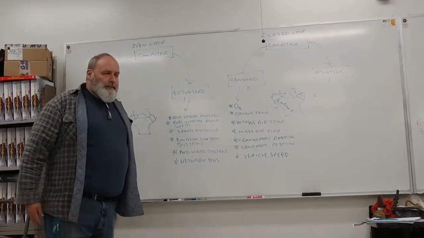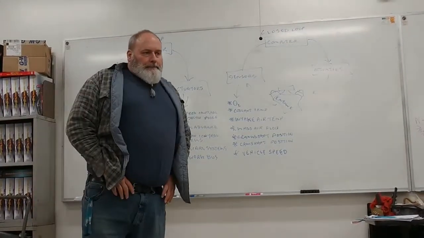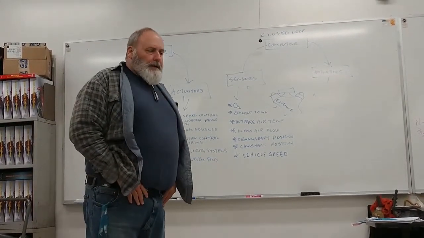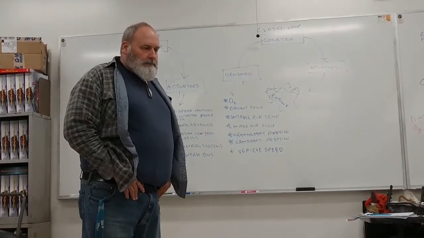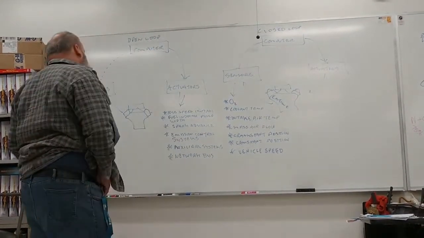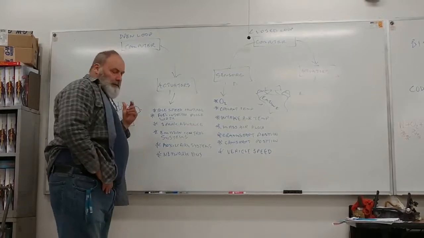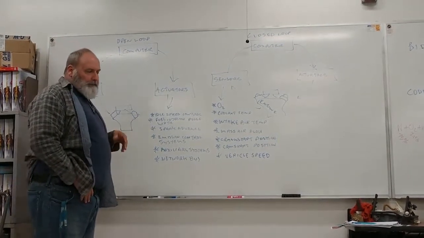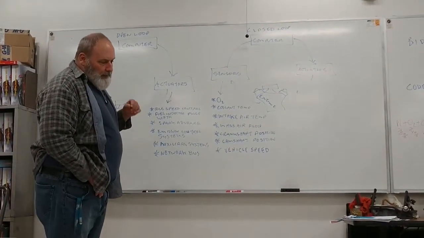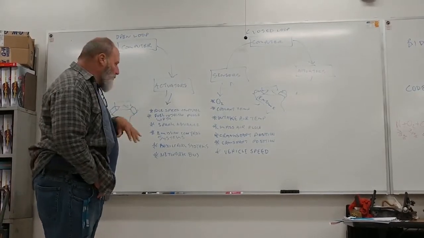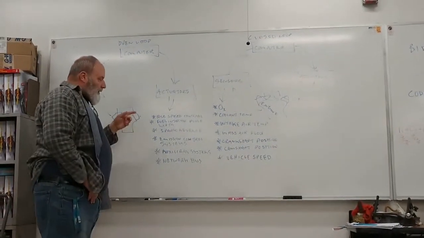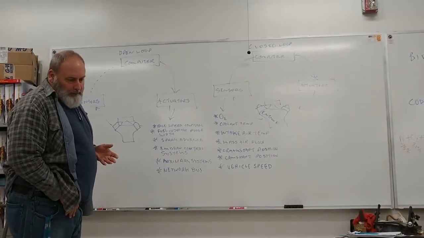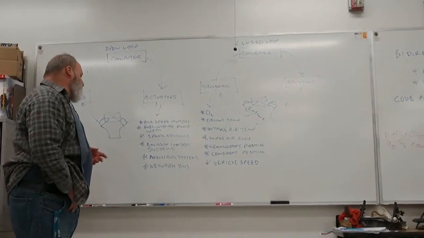Idle speed. What's idle speed? The speed of the engine with your foot off the pedal? Yeah. Good. Okay. Fuel injector pulse width, which is to say how much fuel is getting into the engine with each fuel injector opening. Spark advance, which is the control we have on the ignition system.